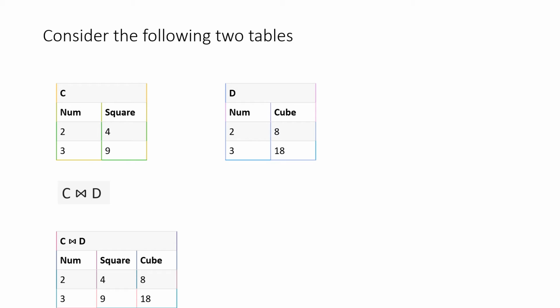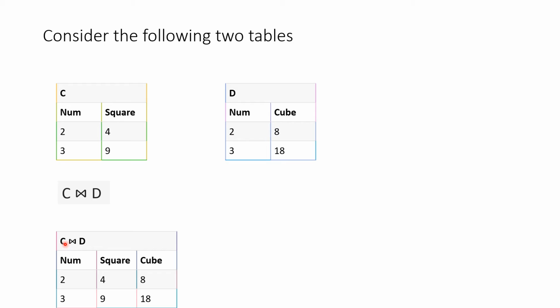Here we have an example. We have two tables, one is C, the other is D. C has num and square. In the D table, num and cube. So when we join them, what we get is num, square and cube. Why is it so?